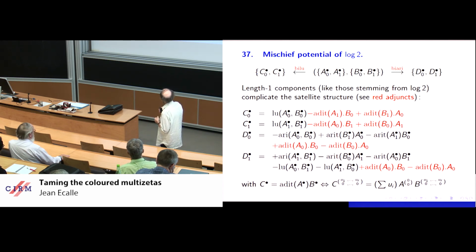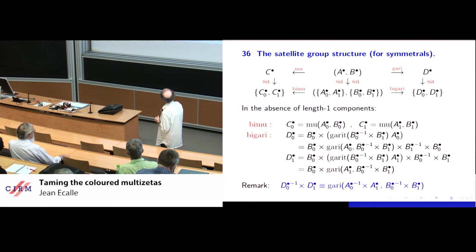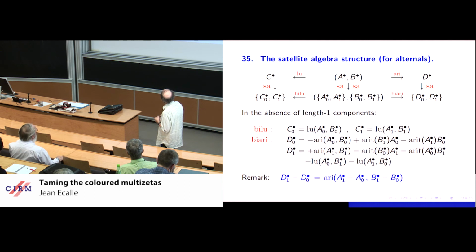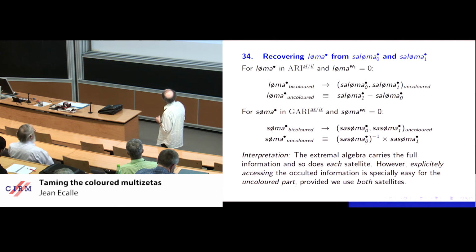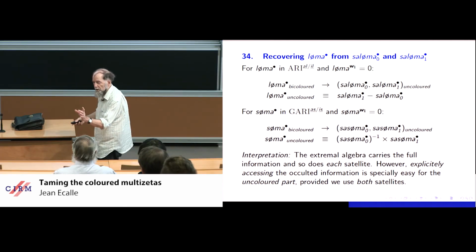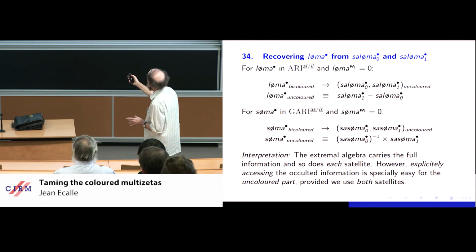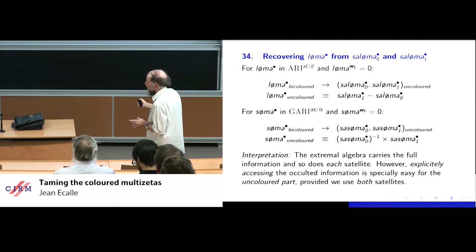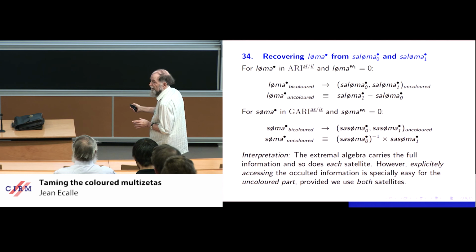Because from the satellites, in the algebra, you can recover the uncoloreds just by taking the difference of the two satellites. And in the case of the group, you take a quotient of the two satellites, and you get the original.